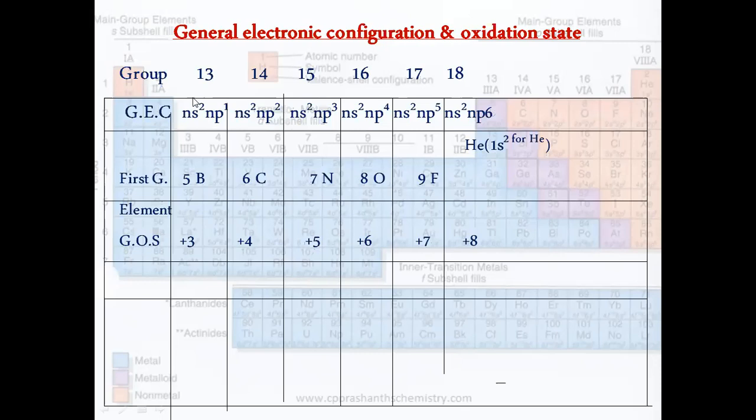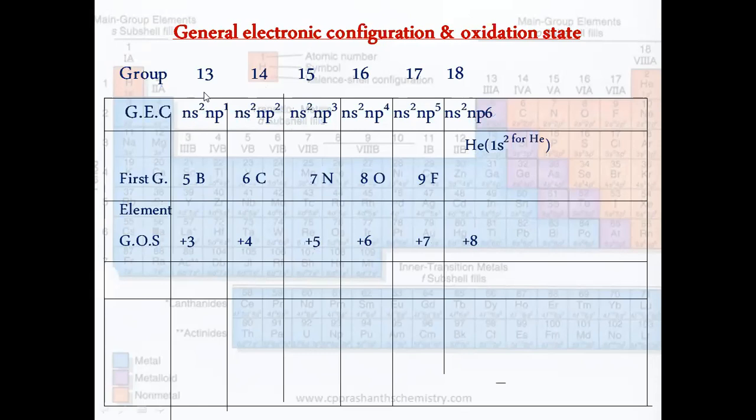This is group 13, ns2 np1, total number of valence electrons 3. This is group 14, with total valence electrons 4, then 5, 6, 7, and 8. Here are the noble gas, zero group elements, where they have a completely filled subshell, that is, a total of 8 electrons, 6 plus 2.